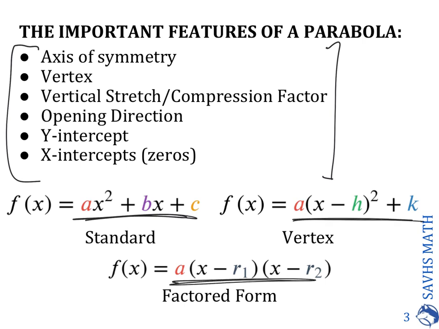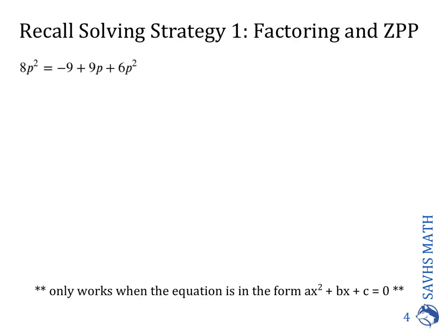Factored form we're a little bit less familiar with, but remember that you can use the box method to multiply out factored form, and then all of a sudden you're back to standard form, back in that place of comfort. The main thing that we are focusing on for this lesson is solving equations, and what that usually means is we're looking at x-intercepts on the graph. So that's really the focus of today. So we're going to go from there.